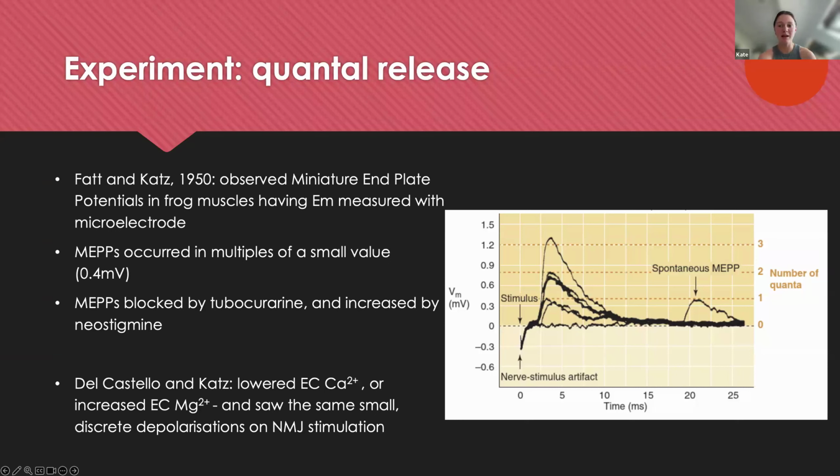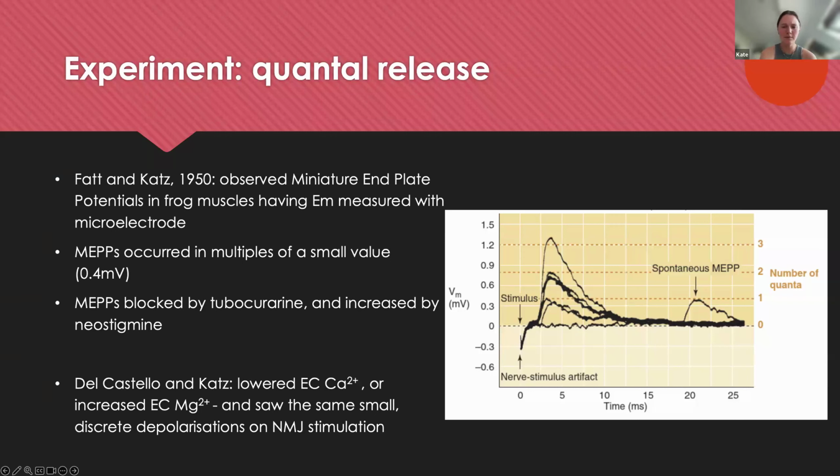They also recorded the end plate potential with no stimulation and observed these single spontaneous depolarizations of 0.4 millivolts in amplitude. And they called these miniature end plate potentials. And this all provided evidence that acetylcholine was being released in discrete quanta or packets of acetylcholine. And this is evidence for the vesicular release of acetylcholine into the cleft.